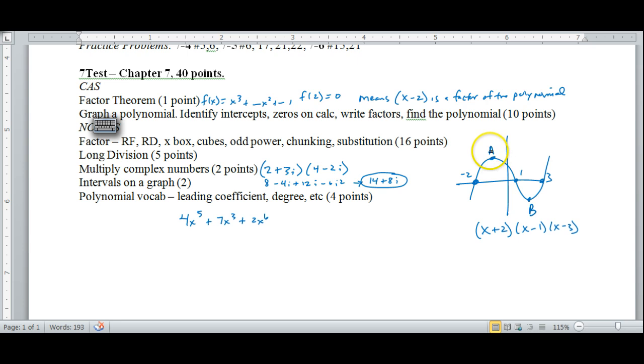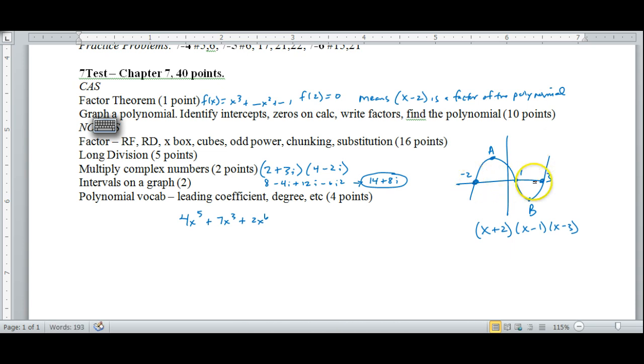If that value of a wasn't there, I could have just labeled it myself and called it anything I wanted. So negative infinity up to a, the graph is increasing. If I was talking about where it's decreasing, I'd say from a to b it's decreasing. And again, if b wasn't there, I could have put that point in for myself just to be able to talk about the graph in a way that everybody could understand. I'd also say that it's increasing from b to infinity.